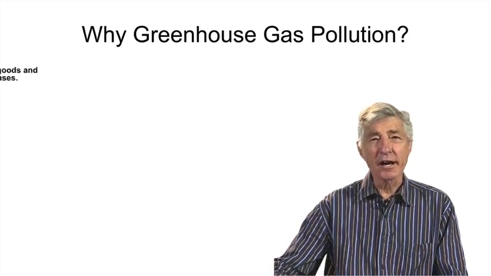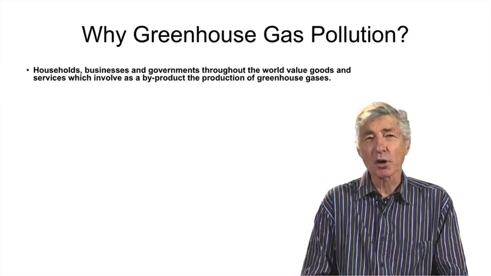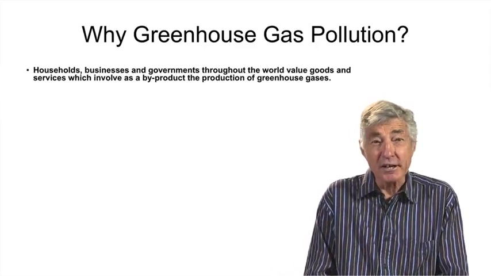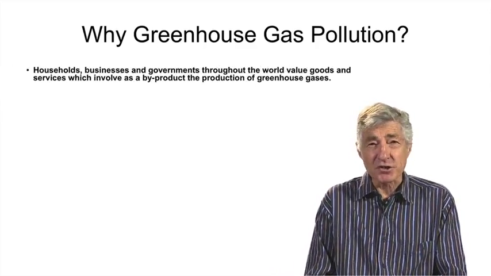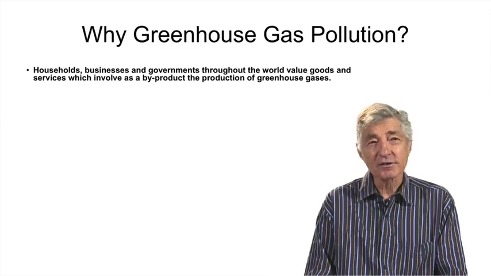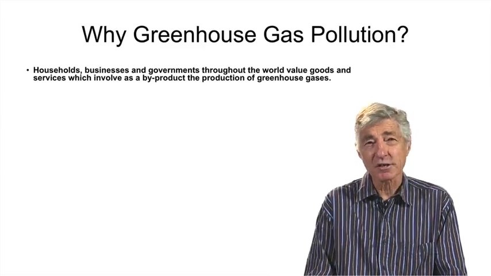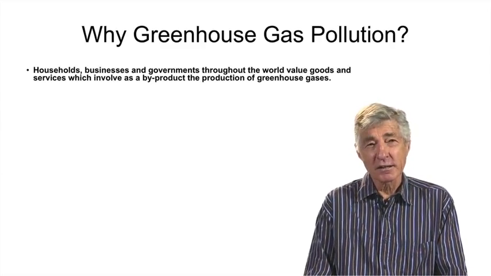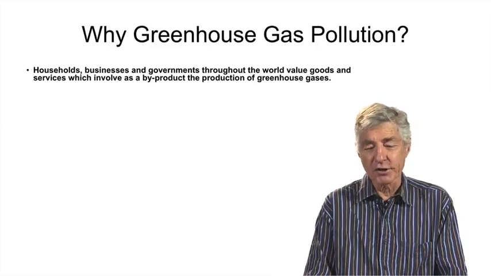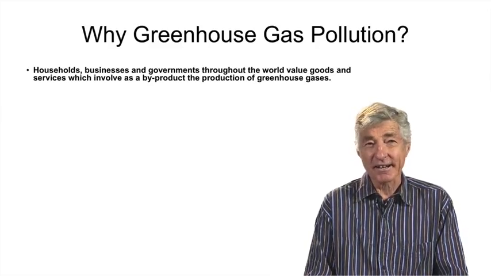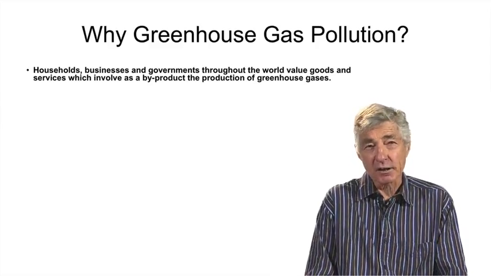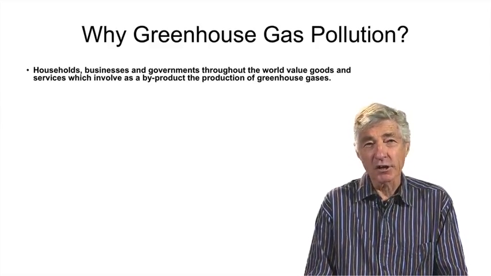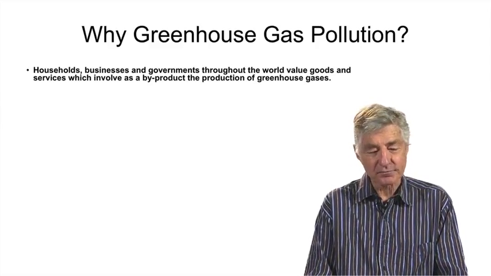So why greenhouse gas pollution? Why is it a problem? Basically, you and I and businesses like products that involve greenhouse gas pollution as part of the production system. So we like electricity to put on our lights, to keep us warm, to cook our food, and in many cases that electricity is created by the burning of coal and gas.